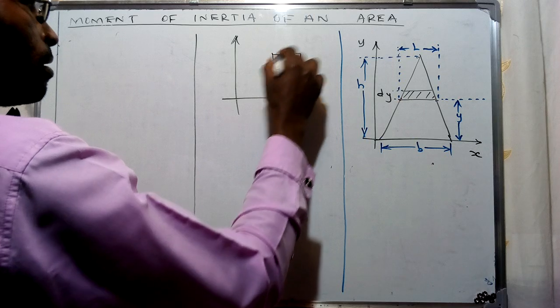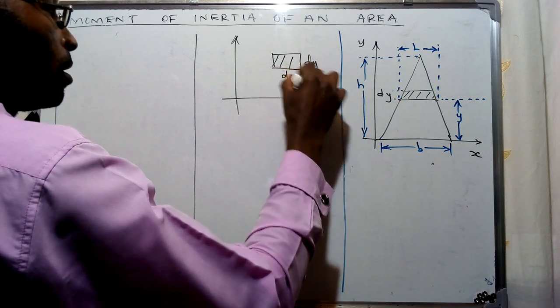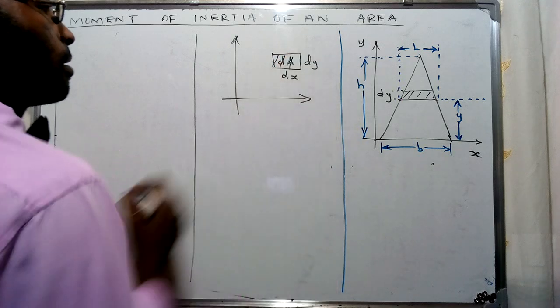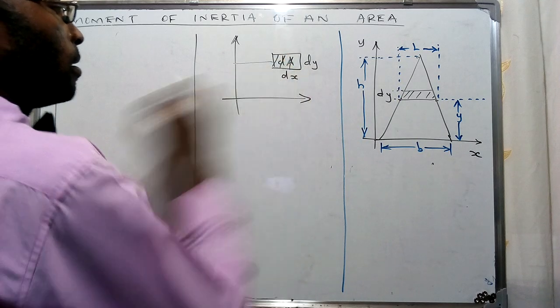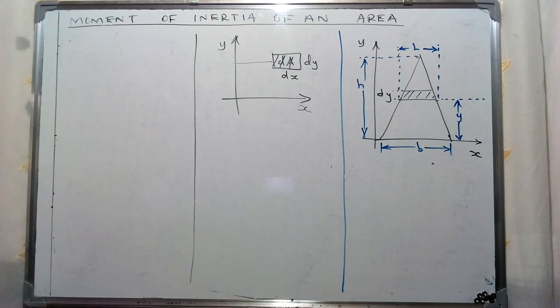In this case, we have chosen one which is met by those specific dimensions of x and y. This area section is going to form part of this larger figure which we're going to consider for the moment of inertia.